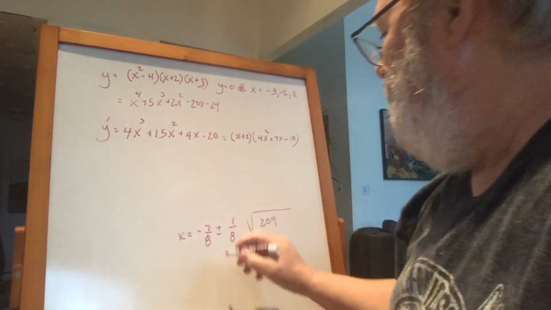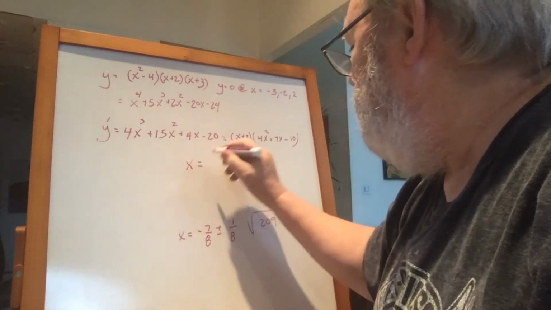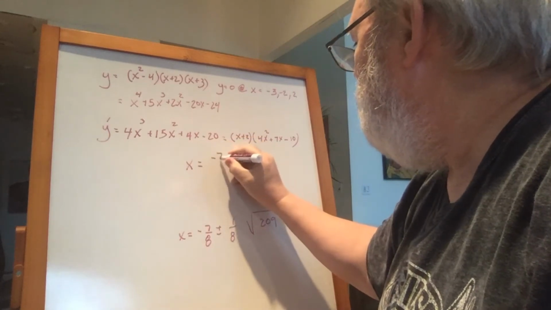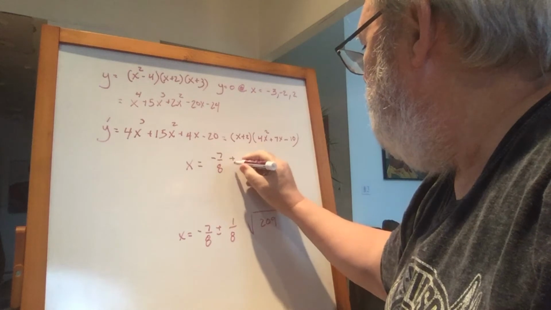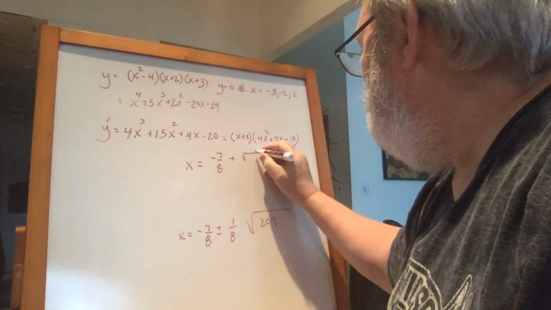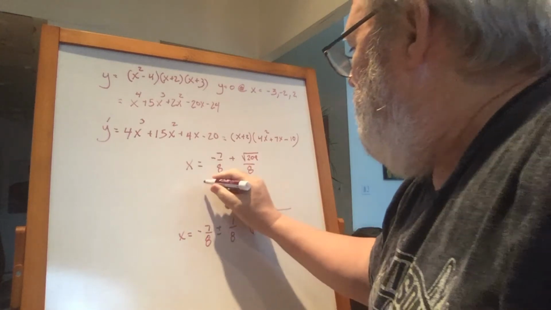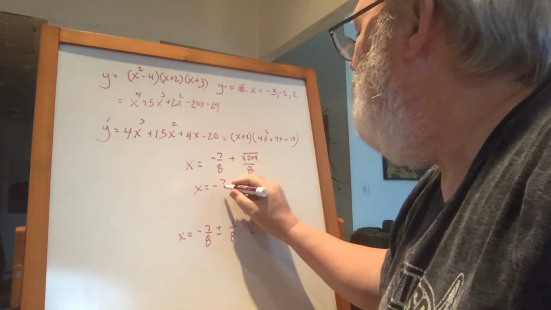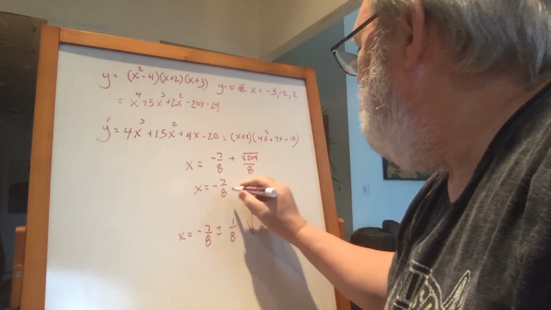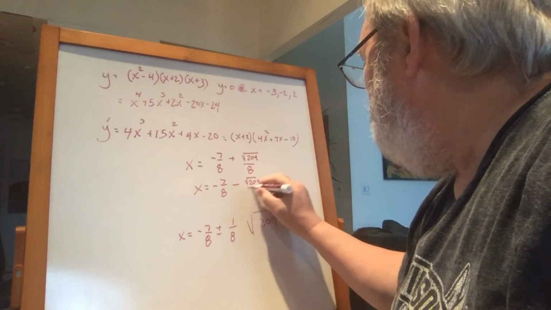So x equals minus 7/8 plus square root of 209 over 8, and x equals minus 7/8 minus square root of 209 over 8.